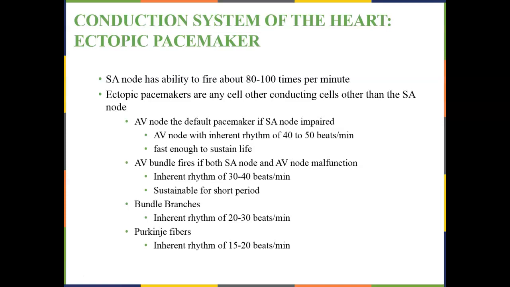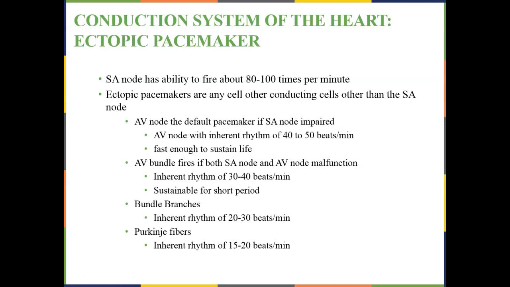So though we don't use or need our nervous system to tell our heart to fire, it does help in controlling the heart rate. If the SA node is not functioning properly, then another conducting cell can fire in its place, can send signals. And so these are called ectopic pacemakers.